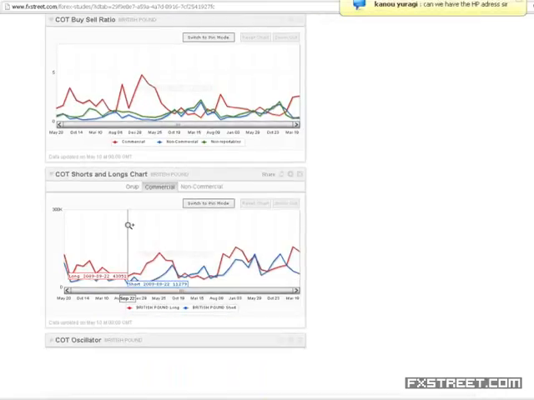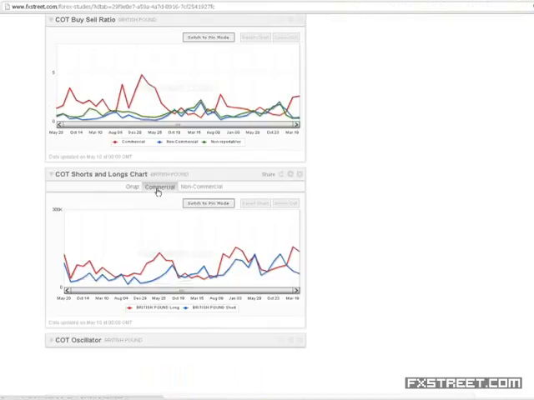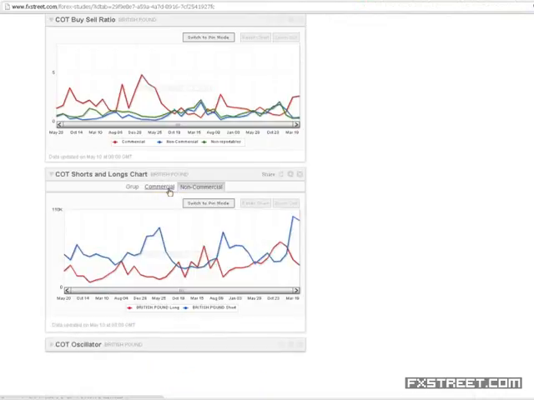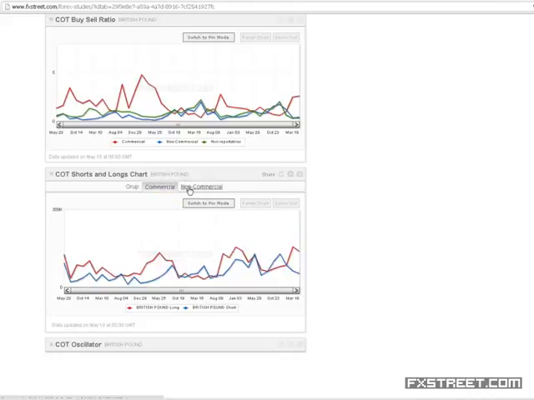And then you may also want to look at a specific group, commercial or non-commercial. We leave small speculators out of the widget for both big groups. You may look into the amount of long and short contracts for each one.